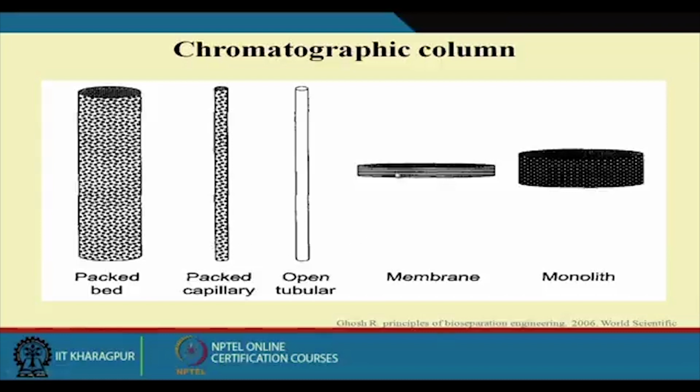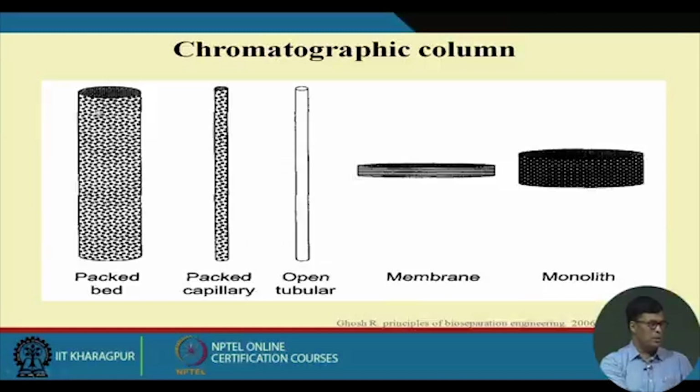The capillary column is quite long, and when the sample passes through this capillary column, the different components present will separate from each other. This is the packed column. It is usually made of stainless steel, and this one is made of polymeric material. The packed column is comparatively a bit shorter, and this one is much longer.